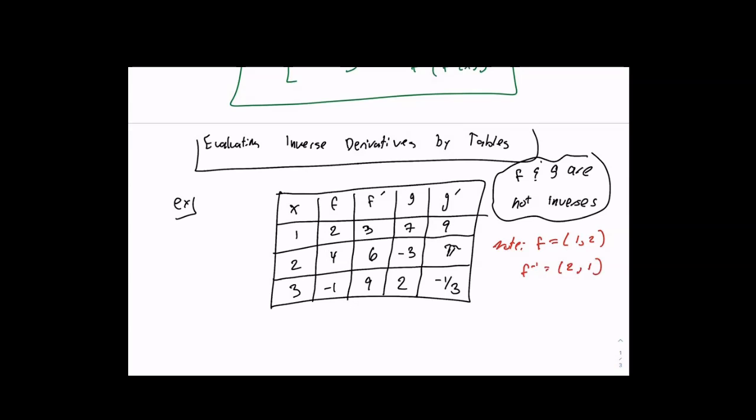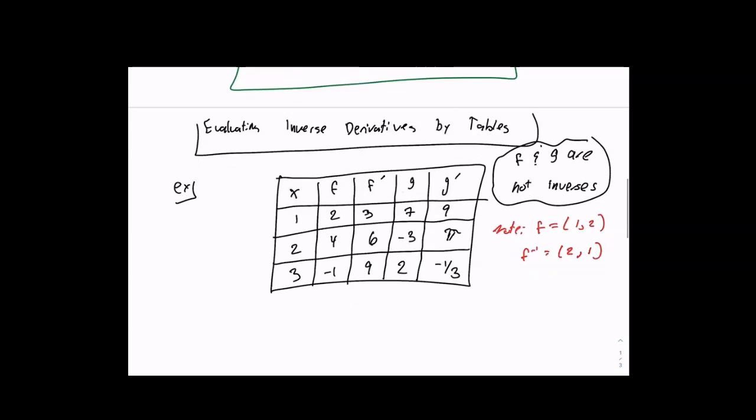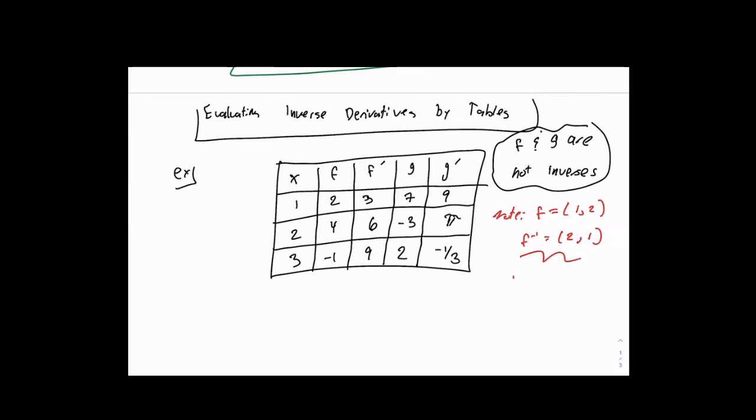The hardest part about doing these problems is reading the inverse. Typically we go to the left as my input, and then I read the value that's in the table as my output. But if I said, what is the inverse f of 2? In other words, the inverse f of 2 is 1 because f of 1 is 2.